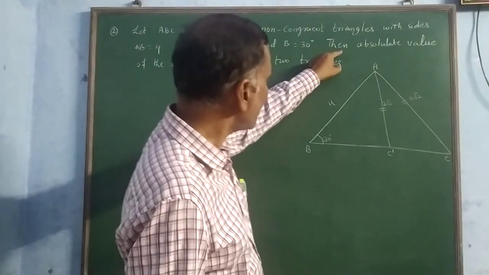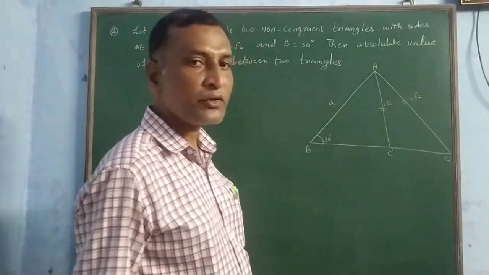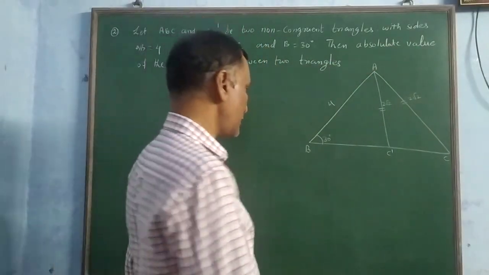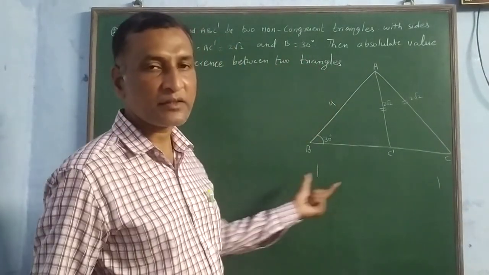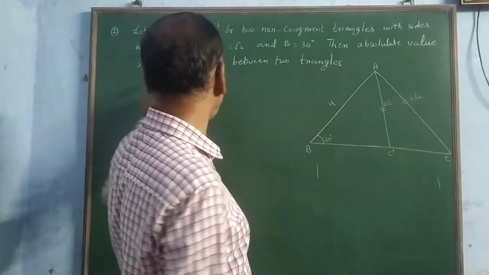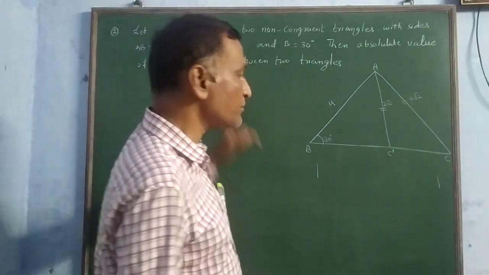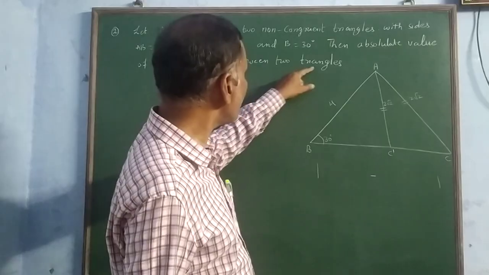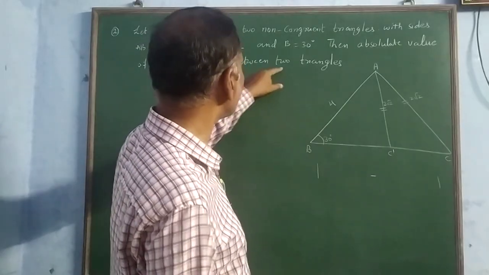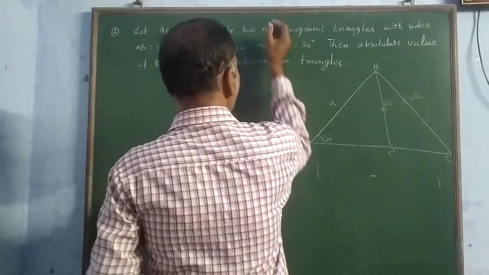Then absolute value. Absolute means modulus. The value of the difference. Difference means minus, the difference between the areas of the two triangles.